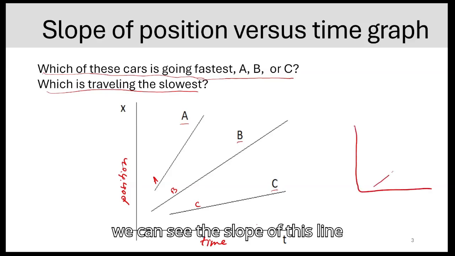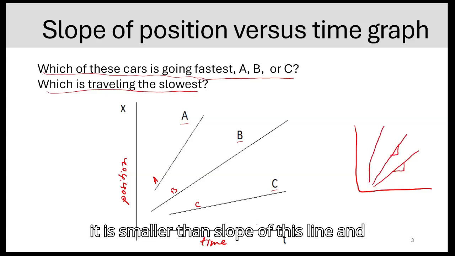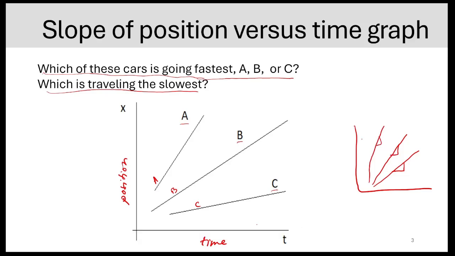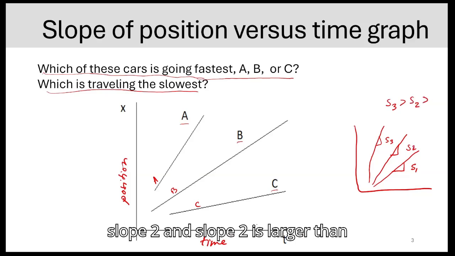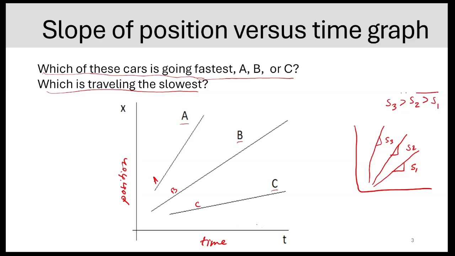We can see the slope of this line is smaller than the slope of this line, which is smaller than the slope of this line, and so on, right? If this is slope 1, slope 2, and slope 3, then slope 3 is larger than slope 2, and slope 2 is larger than slope 1.